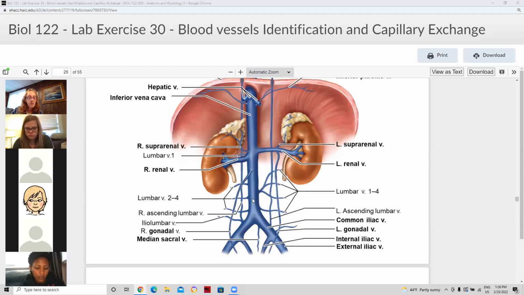Inferior vena cava here, that's going to form from the right and left common iliac veins, which form from the internal and external iliac veins. The little vein that runs down right here, and I think the median sacral artery runs with it from the aorta, called the median sacral vein.